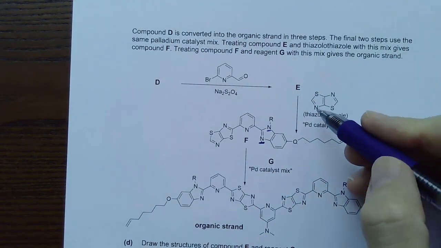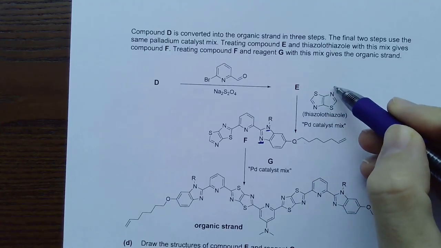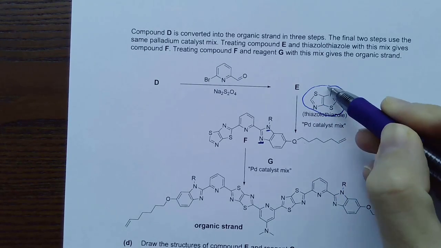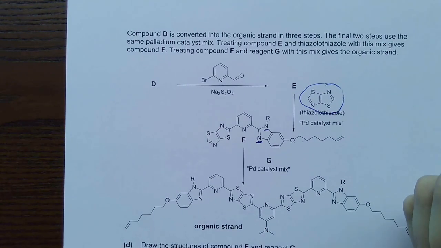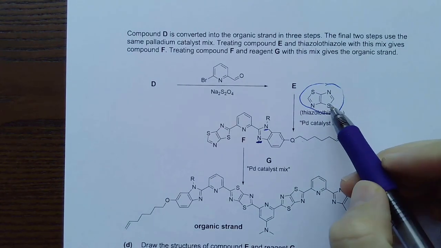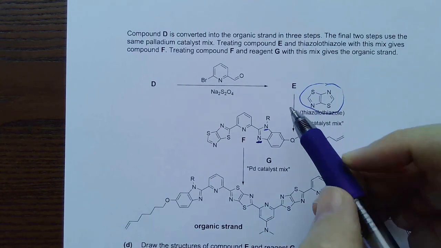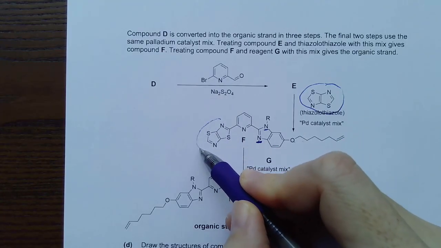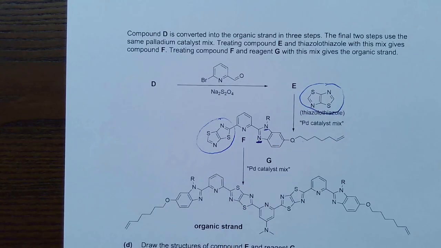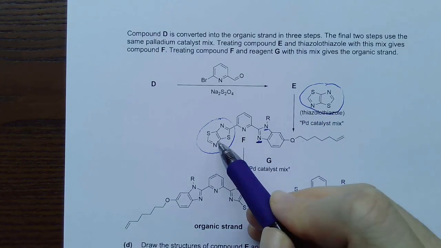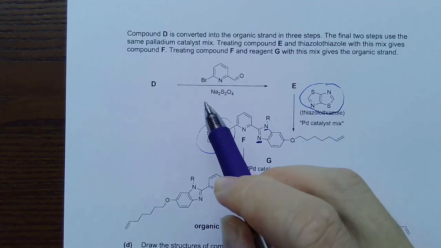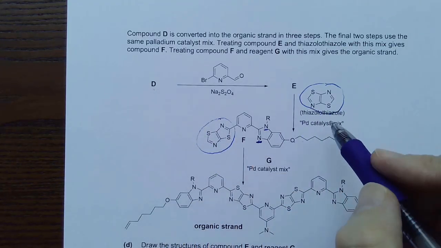Now, in E to G, I've got this compound here, thiazolothiazole. Sorry, my pronunciation's not excellent. And it's good to identify where this is adding. And you can see it's adding on over here. Okay. So then you need to think to yourself, well, if this step is doing this bit, then what's this step doing?